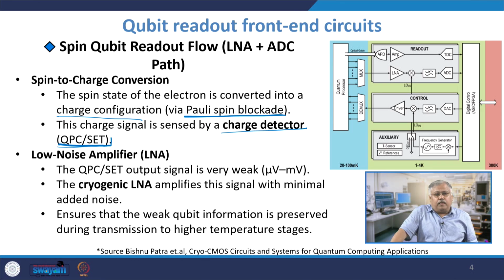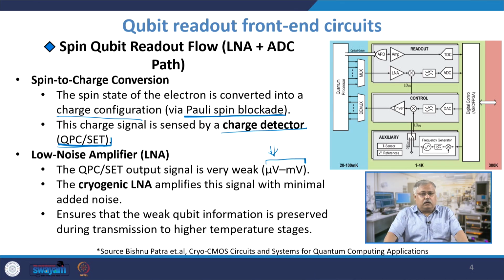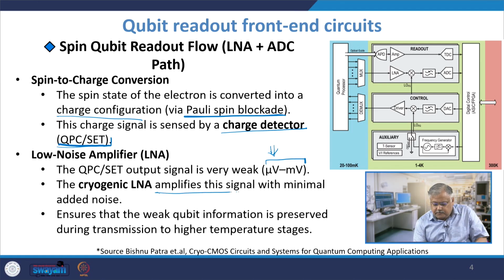Please understand that the charge detector or single electron transistor output signal is relatively very weak, around microvolts to millivolts, but typically around the microvolt range. What does the low noise amplifier do while sitting at this cryogenic state? It tries to amplify the signal, but keep the noise to the bare minimum, and that is what is written here: it amplifies the signal and tries to minimize the added noise.